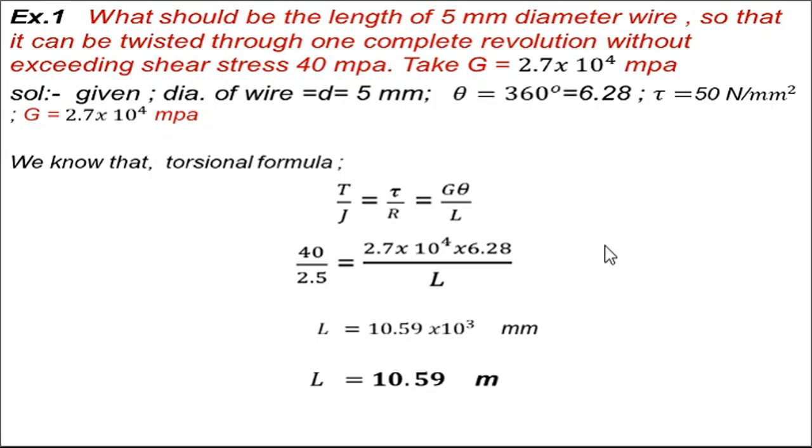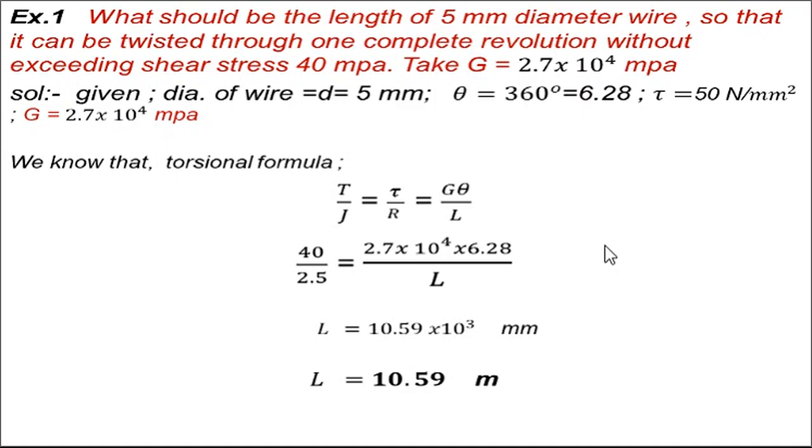So first of all, after reading, write the given values in the problem. The given diameter of the wire d is equal to 5 mm. Theta is nothing but the angle of twist. This wire is twisted through one complete revolution.